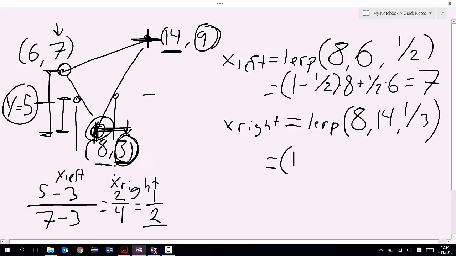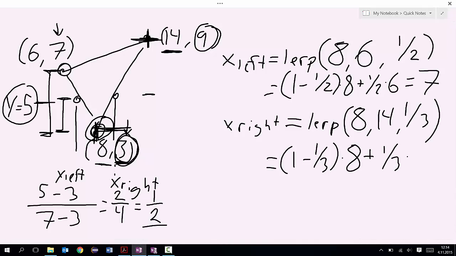So this is 1 minus our parameter times 8 plus the parameter times 14. So x right in this case is 2/3 times 8, which gives us 5 1/3, plus 1/3 times 14, which gives us 4 2/3. So 5 1/3 plus 4 2/3 gives us 10.